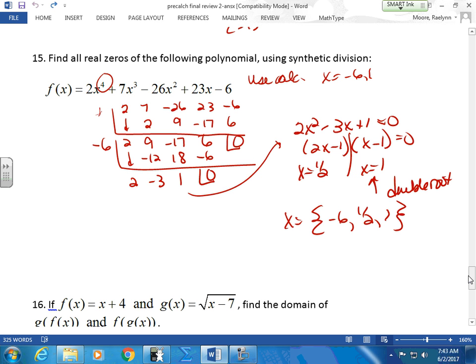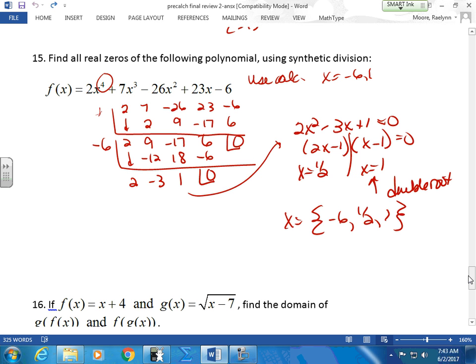X squared you can factor. There was another one, but you didn't really see it. If you found it, you can divide again by 1 and then come out with the 1/2 at the end. If you just get down to the square, you can factor and just find your roots.